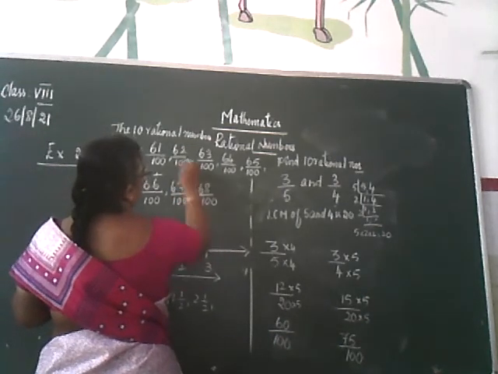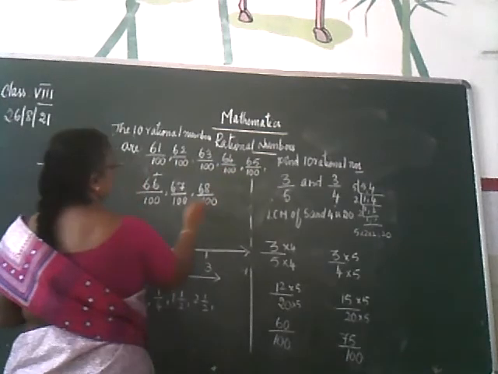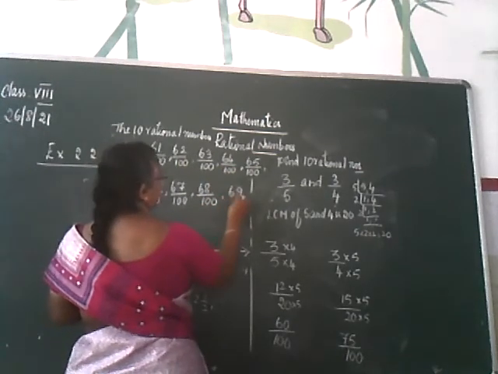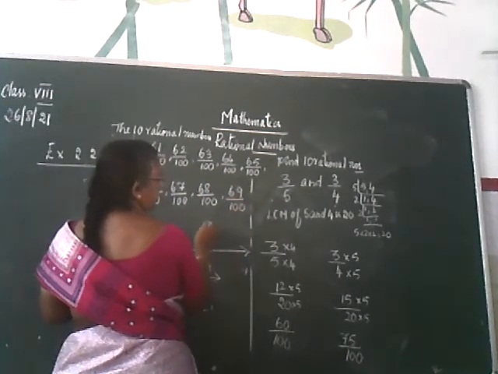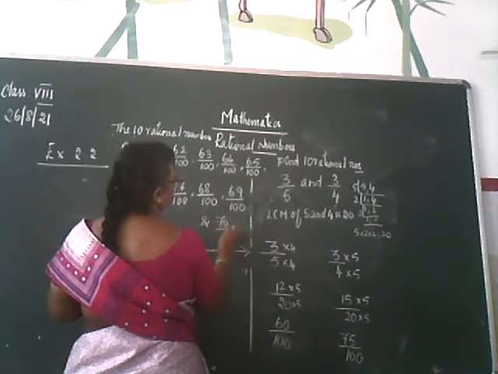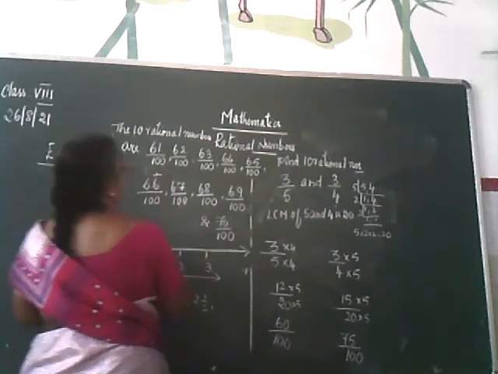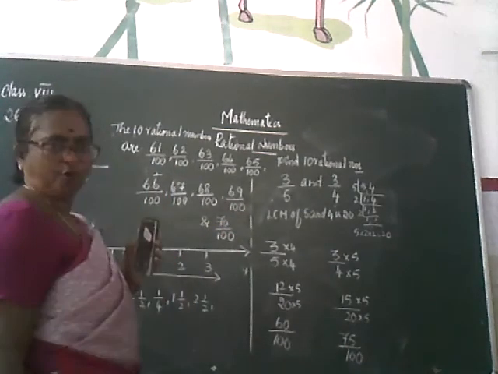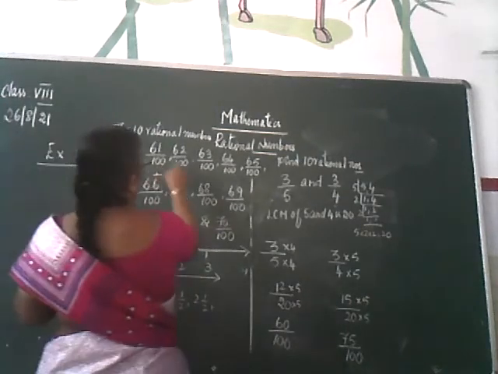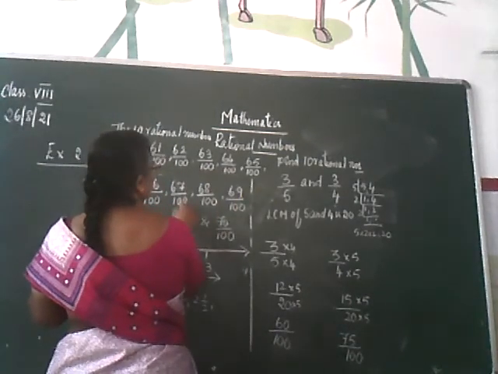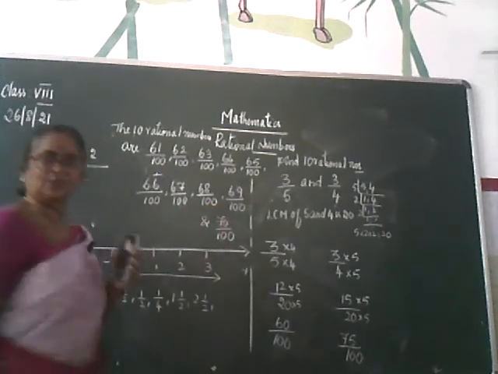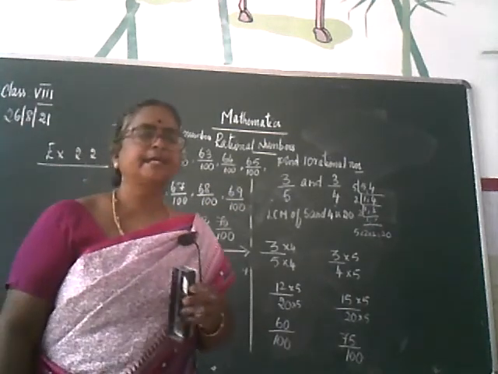So how much I got? 2, 4, 5, 6, 7, 8. 69 by 100 and 70 by 100. So I got 10. I can write up to 74. But I got 10. 1, 2, 3, 4, 5, 6, 7, 8, 9, 10. Okay? Now you understood?